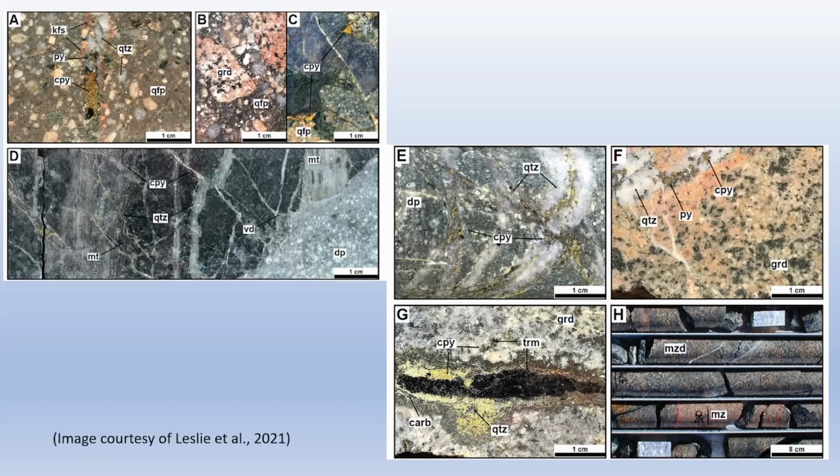The next is the presence of tourmaline breccias and tourmaline veins in plate G. Tourmaline-bearing breccias exist in some porphyry systems. You can find them in porphyries of Chile, like El Salvador, but they are not universal.